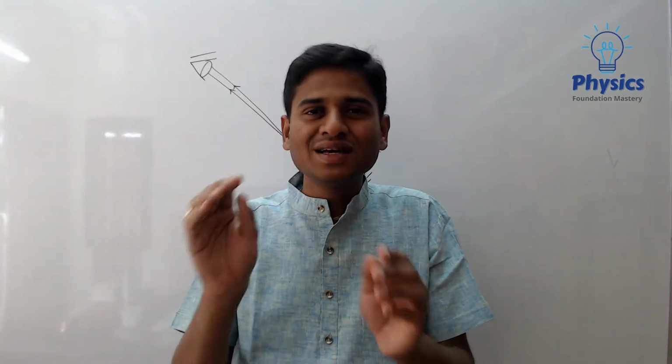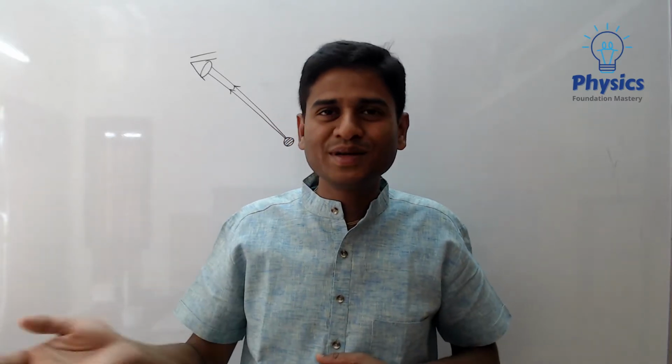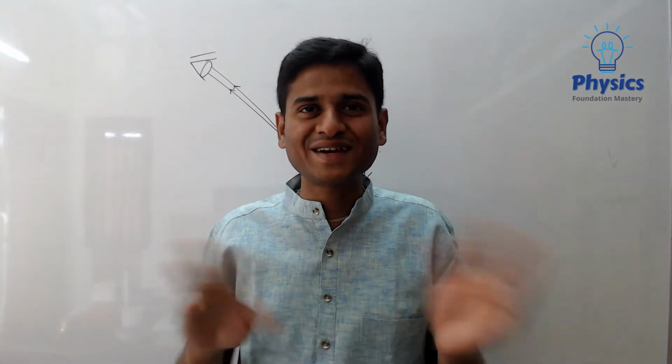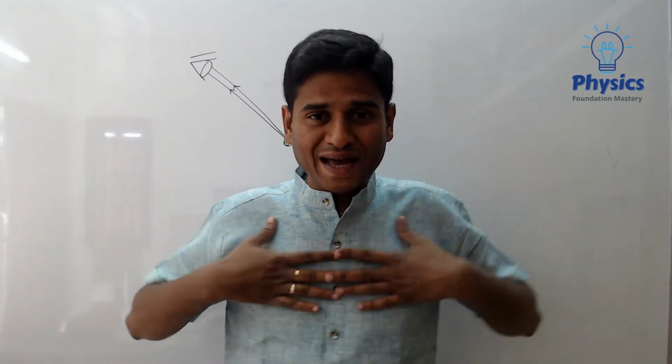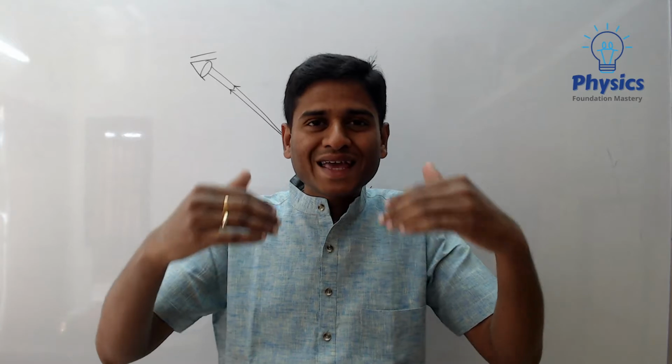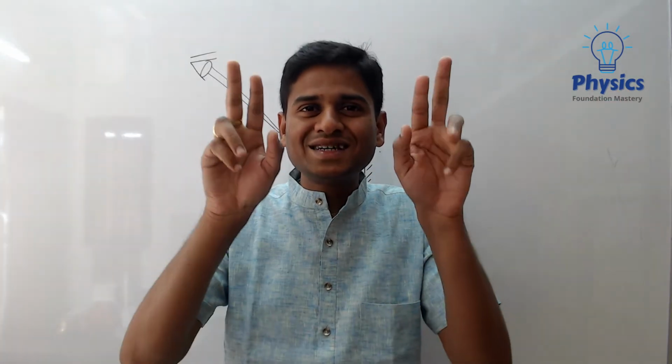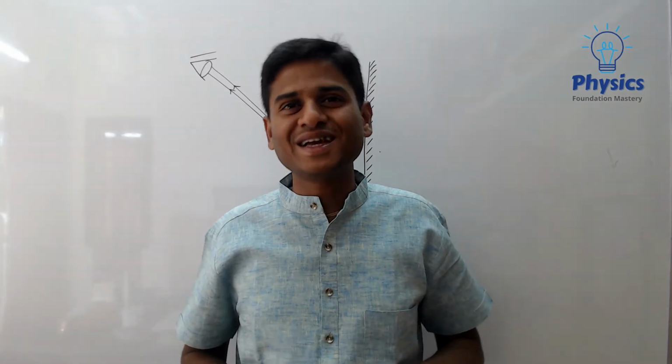Distorted basically means a changed version. My right appears to be left within the mirror, and my left appears to be right. So left and right have changed. Also, my position has changed. I am standing here, but my image appears to be somewhere else.